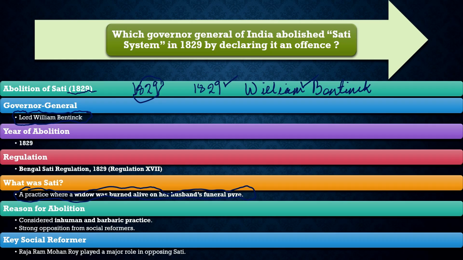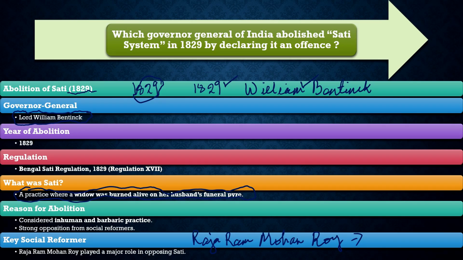Another reason was strong opposition from social reformers, and the most prominent contributor was Raja Ram Mohan Roy, a social reformer whose name was very popular too.